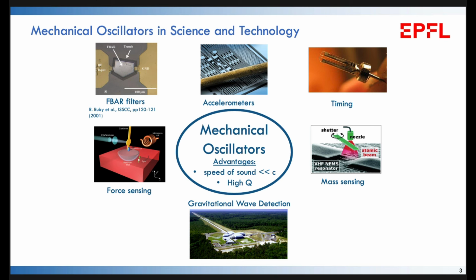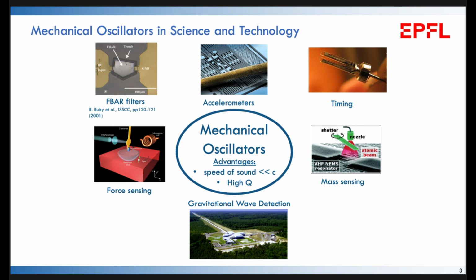And of course, they've also been used in some of the most remarkable experiments of mankind, which is gravitational wave detection. It's sheer remarkable to think that you can actually measure displacements of a mass that's been moved by a gravitational wave. And so mechanical systems really span this network from science and technology.